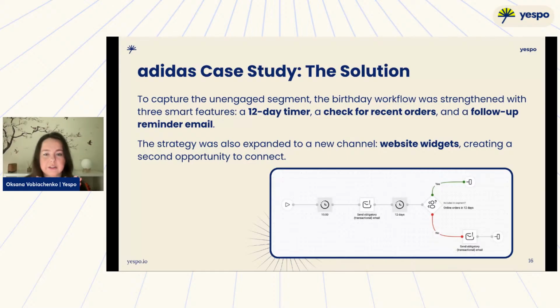Also, they connected an on-site widget as a fallback touchpoint. Now it's possible to add widgets to the workflow, but you can also apply segments and different types of filtering on widgets to set specific values and when to show the widget.